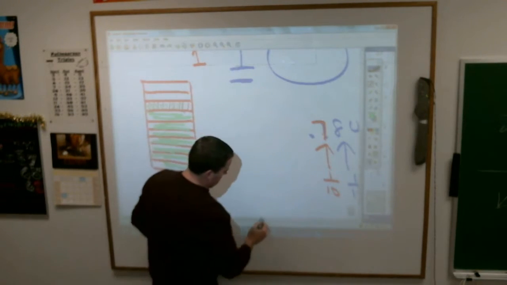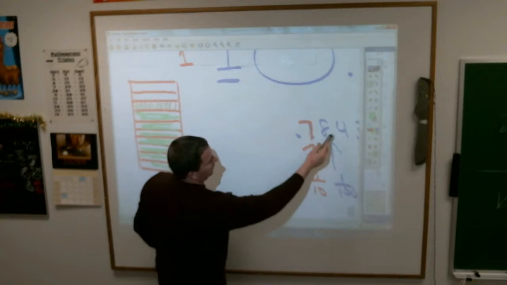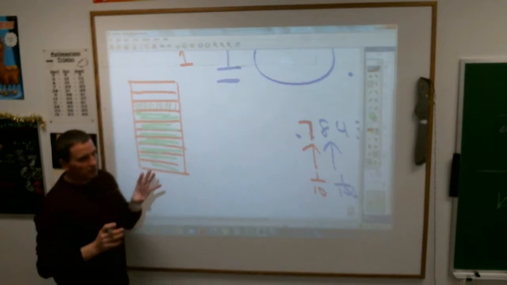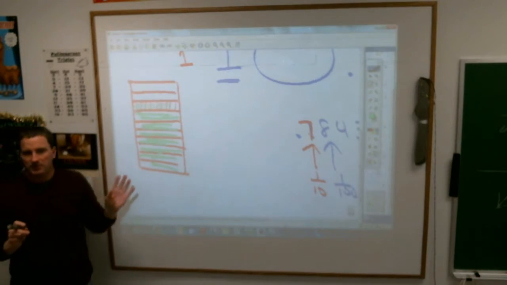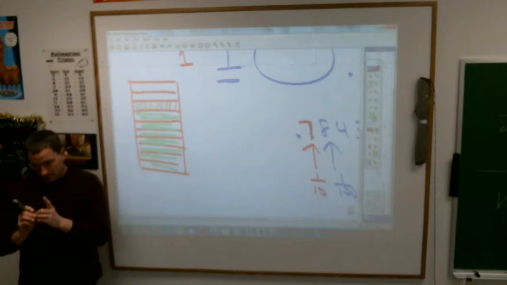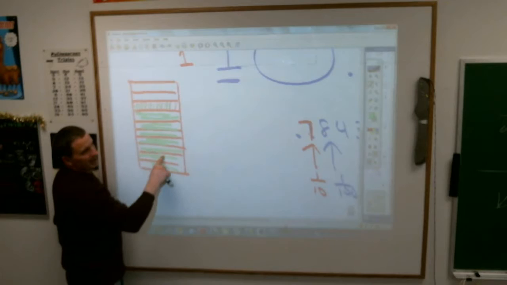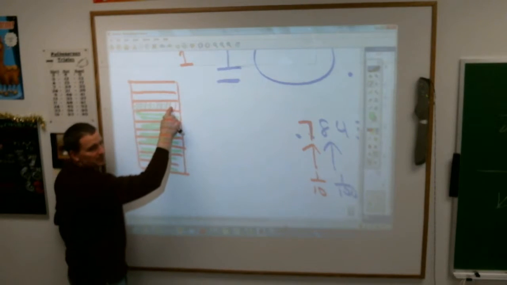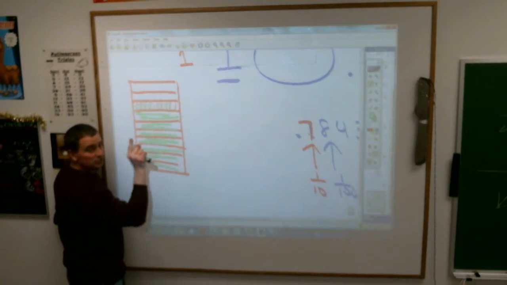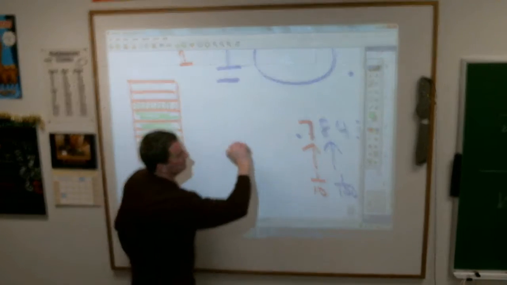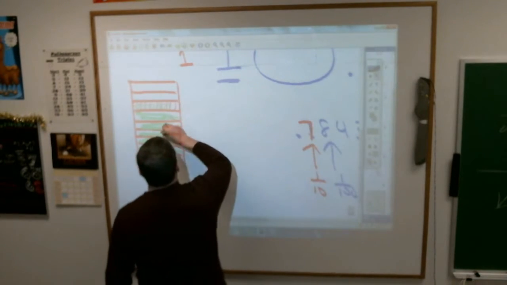Now this next one, which is a 4. That 4 is in what place? Everybody know what comes in the next place? Thousandths. Which means, in addition to what I have here, I take this next box, because this was hundredths, and I have to cut it into 10 little pieces, which means I may have to explode this a little bit higher.